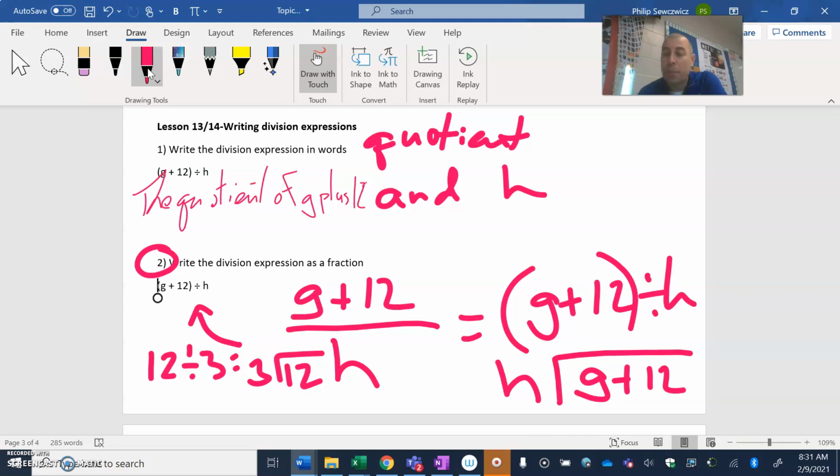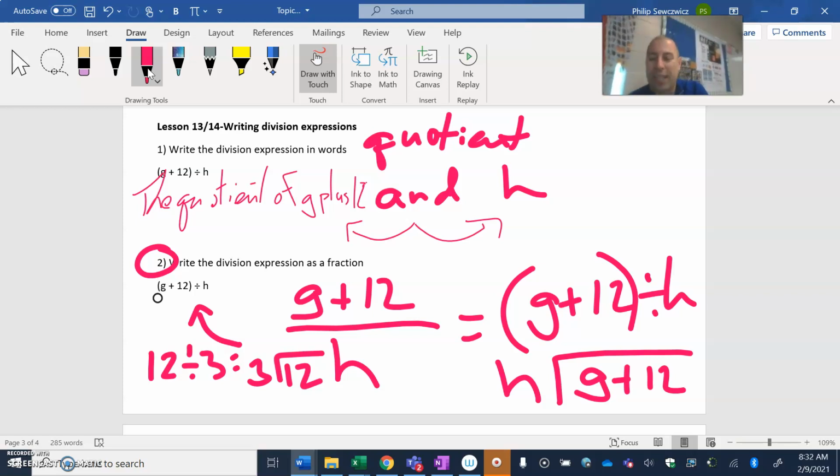It's the quotient of G plus 12 and H. That and is our division symbol. It's going to separate the two things that we are dividing. Sum, again, uses the word and, but it means an addition symbol. Difference means to subtract, but it still uses an and. So that's the big thing that we are watching for here today.